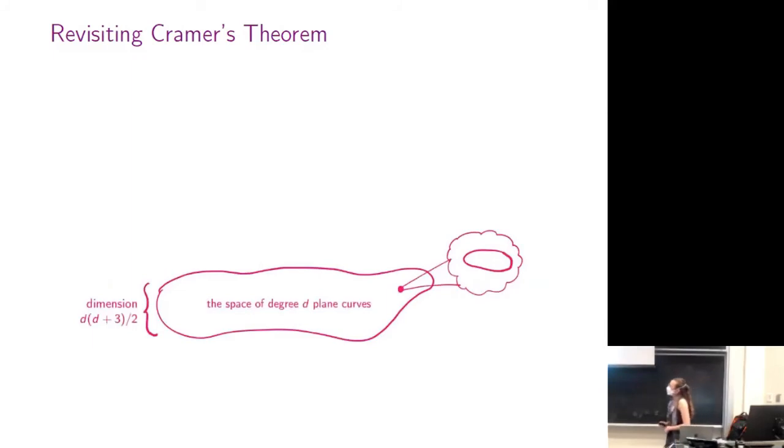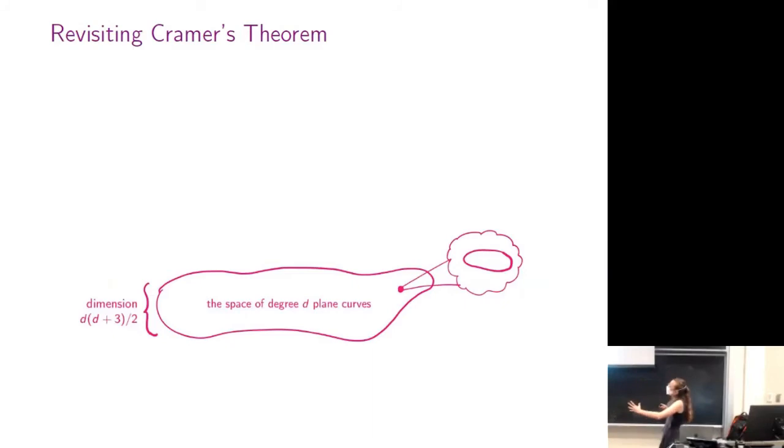Okay, so where does this number come from? Now this is a schematic, a little squishy picture to give you the idea of what's going on. None of my drawings on this slide honestly mean things, so don't think about what the blobs are, they're schematics. So what is this D times (D plus 3) over 2?